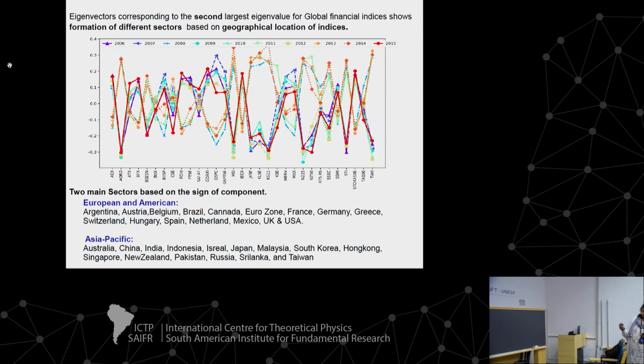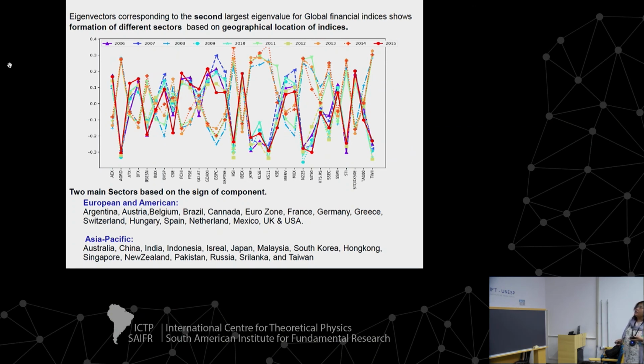This is the eigenvectors corresponding to the second largest eigenvalue. Here, one can see that if you take a line at 0, this sector distinguishes two sectors, the ones on top and the ones on the bottom.